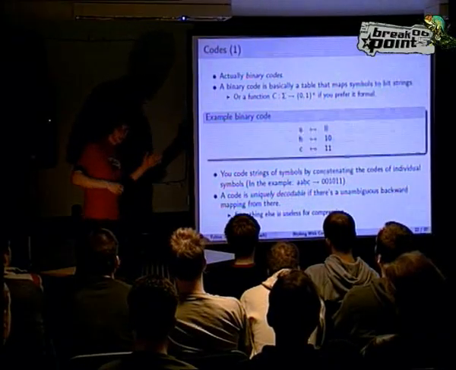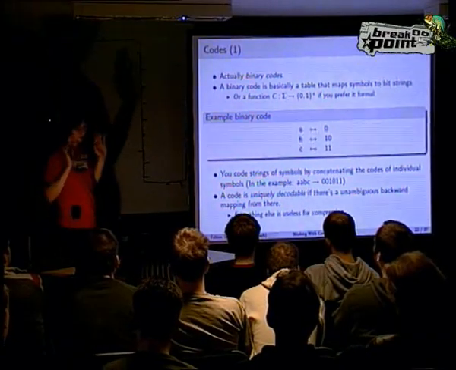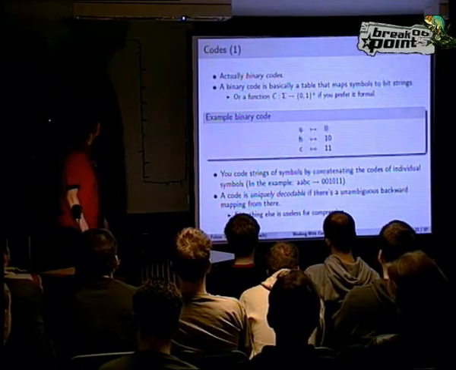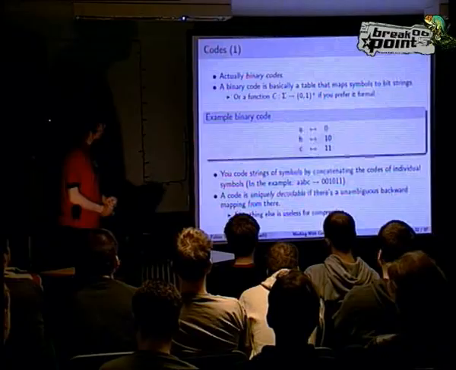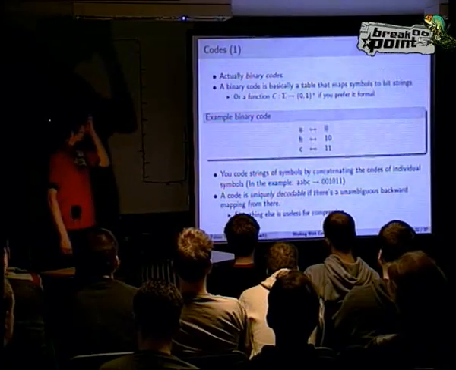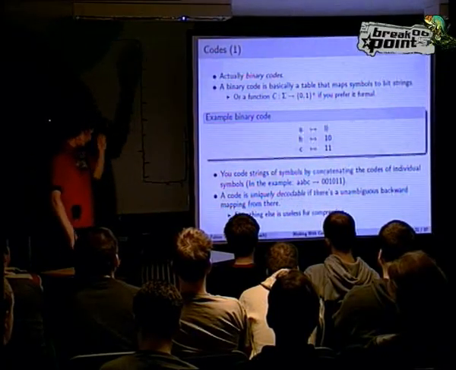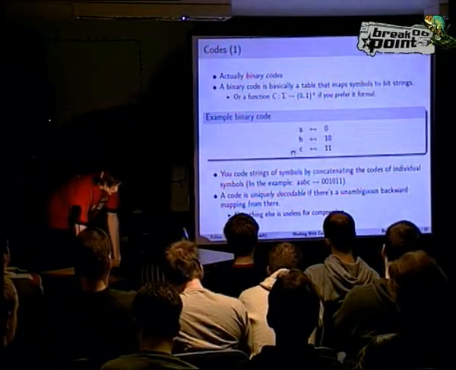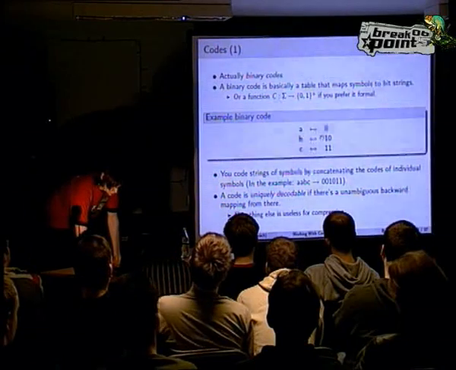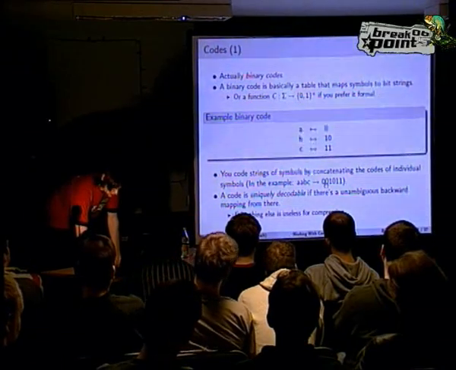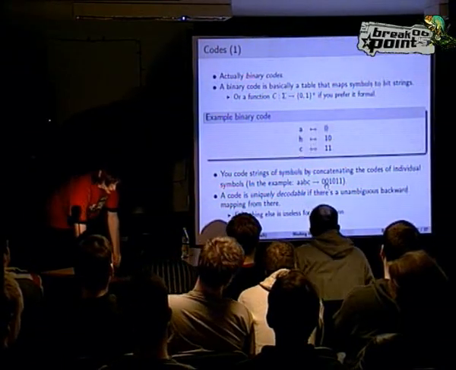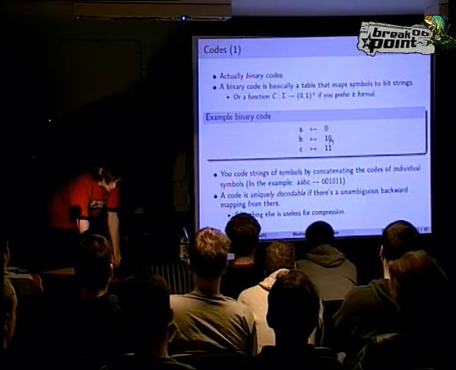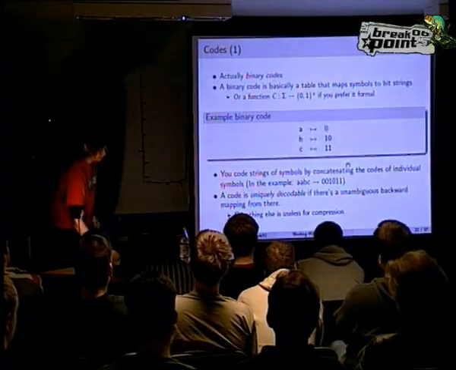If you prefer the mathematical notation, you could just call it a function from the alphabet to bit strings, but it doesn't really make a difference. When you have a string of symbols you want to code, for example here AABC, you just look up the A, which codes to 0, so you get a 0 here, and another 0 because you have another A, then the B, which is coded to 10, and 11 for the final C.